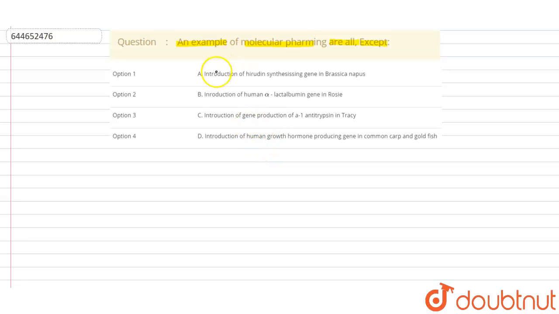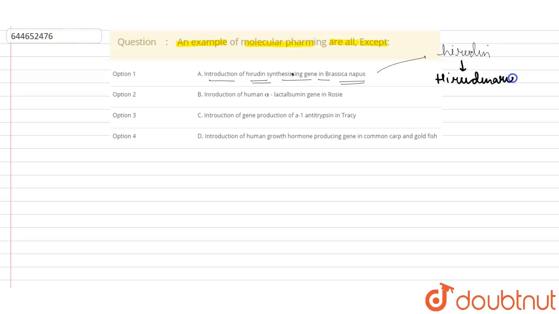Option A is introduction of hirudin synthesizing gene in Brassica napus. Hirudin is a compound which is isolated from an organism known as hirudinaria.